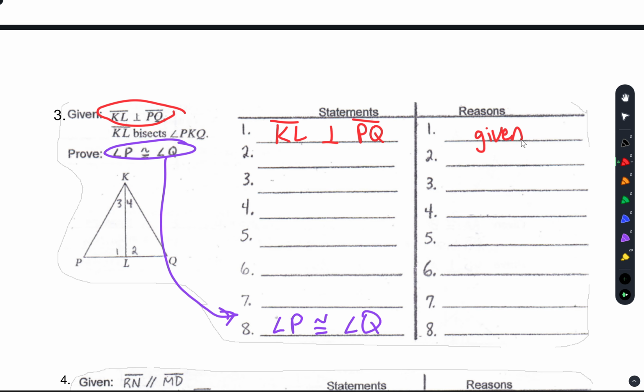So what does that tell me? What am I putting in for step 2? Caitlin. These 2 angles right here must be right angles. What's my reason for that?